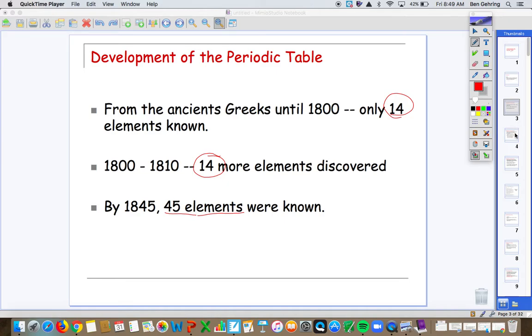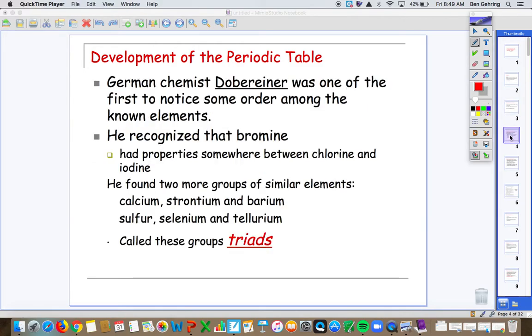And so instead of just making a big list of these things, there was initially a German chemist, Dobereiner, who noticed that there was an order to these. When bromine was discovered, he noticed that it had properties somewhere between chlorine and iodine. So we had these two elements already found, properties were already established, and bromine fit somewhere in between those two.